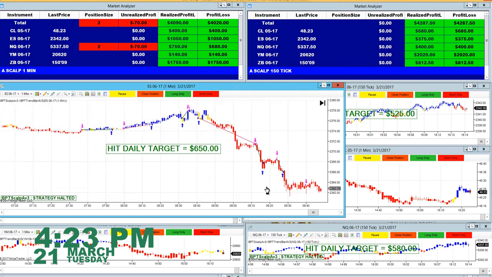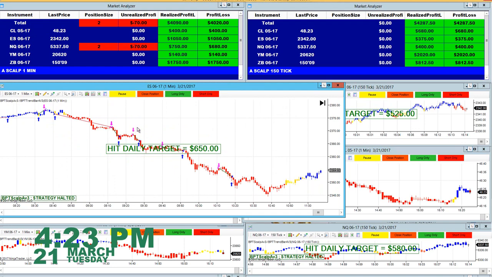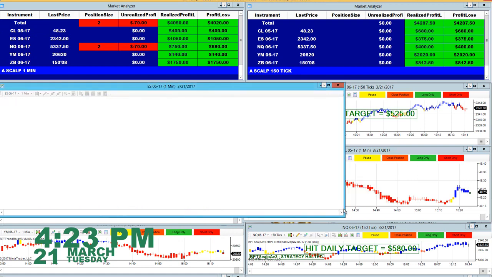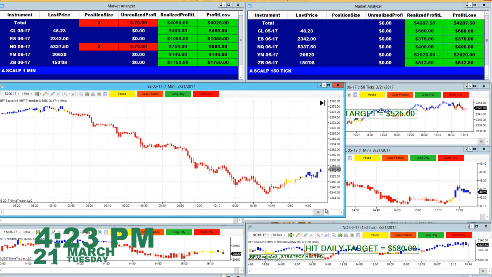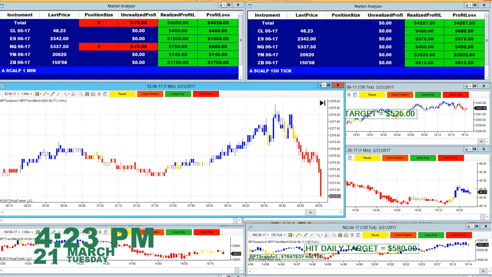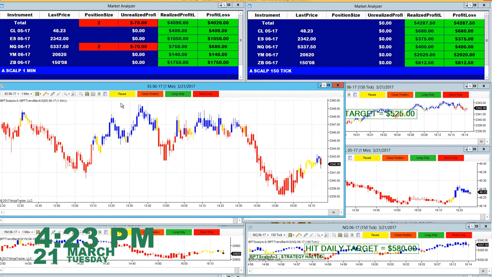But when you cut it in pieces during the daytime, as you see today with the ES, it was not really the best because it was taking a lot of trades. So when it is taking a lot of trades, maybe I don't need to reload it for a new one. If we right click and reload it now, if you notice here, the ES now has no more trades, and it's going to start all over again.